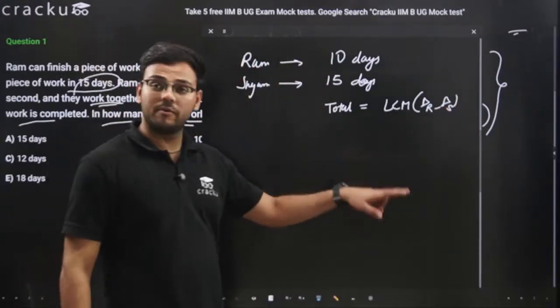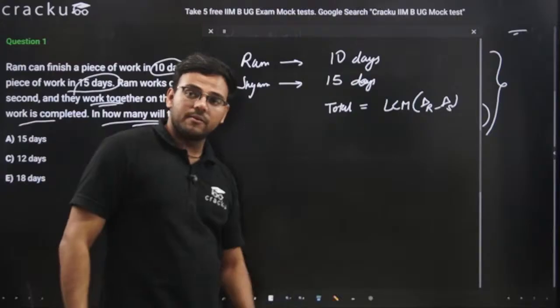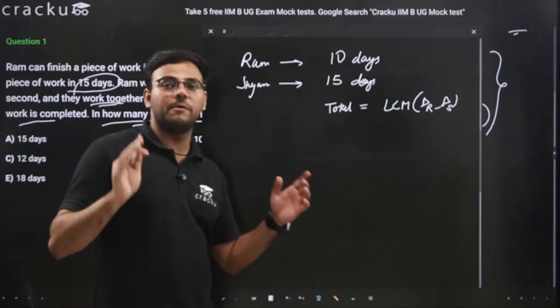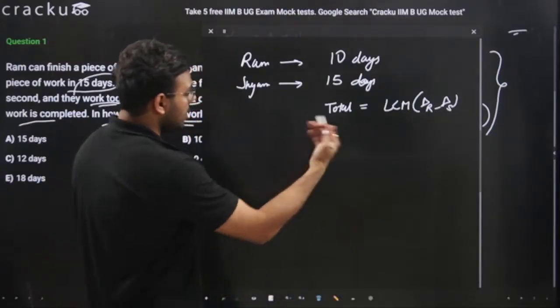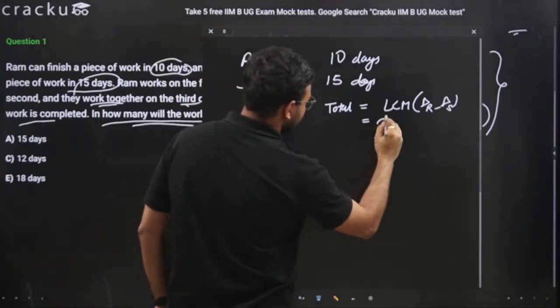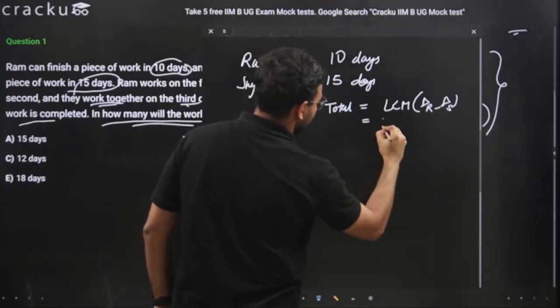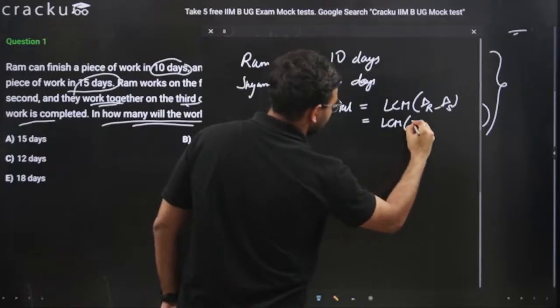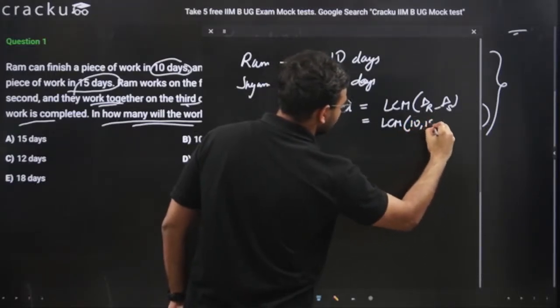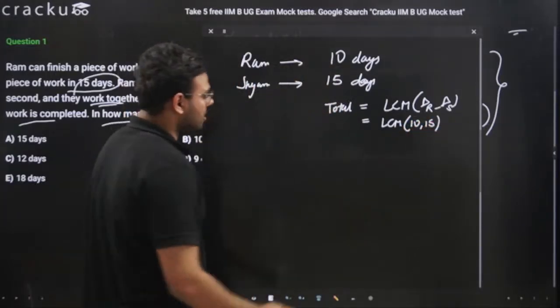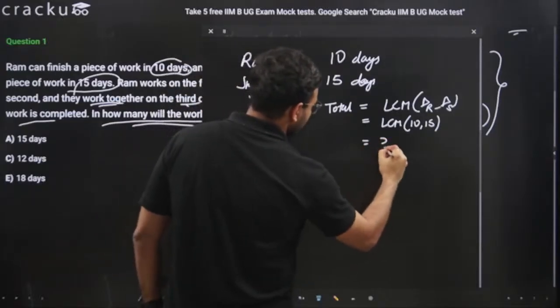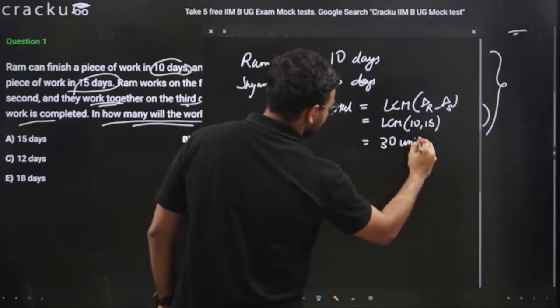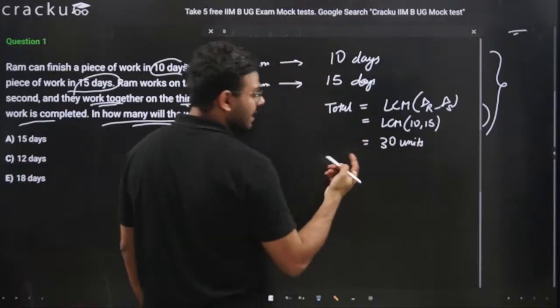So total work is equal to the LCM of 10, 15, or I can say 30 units. LCM of 10 and 15 is 30.